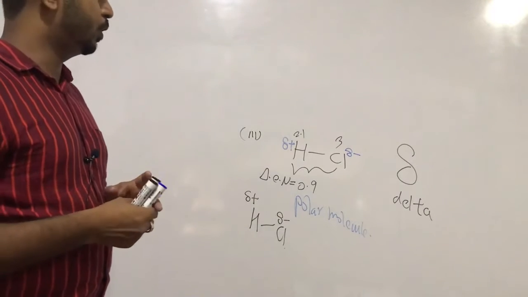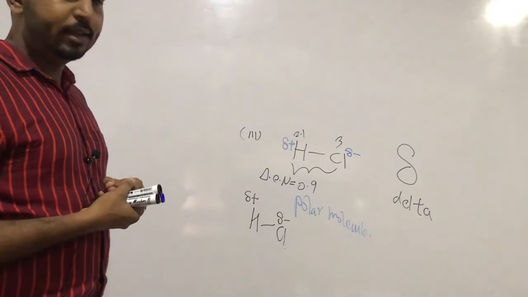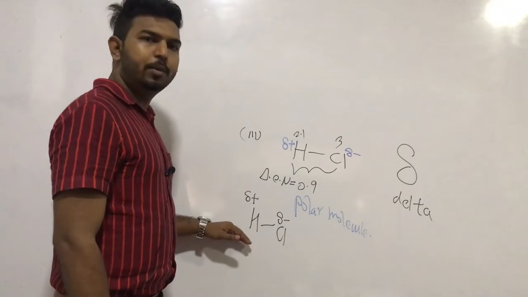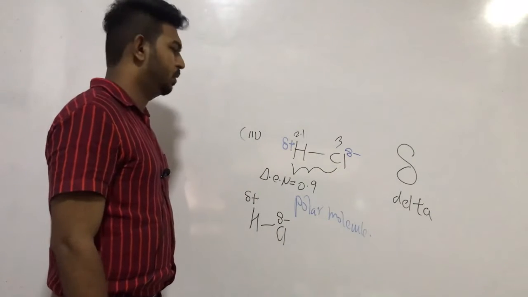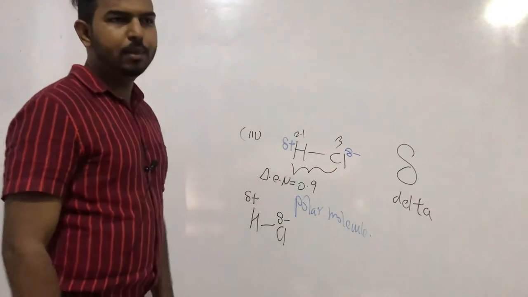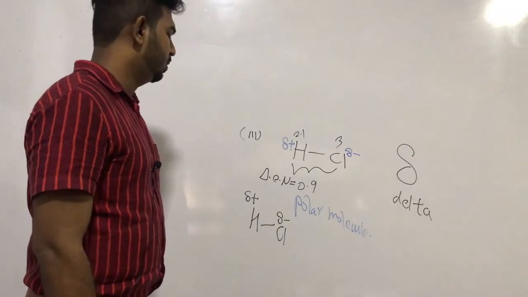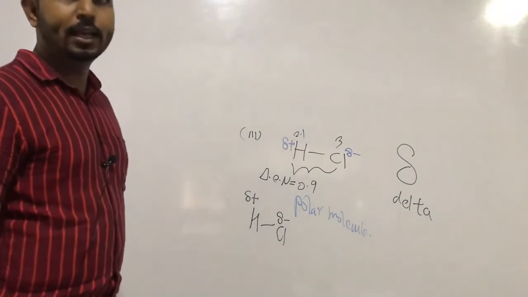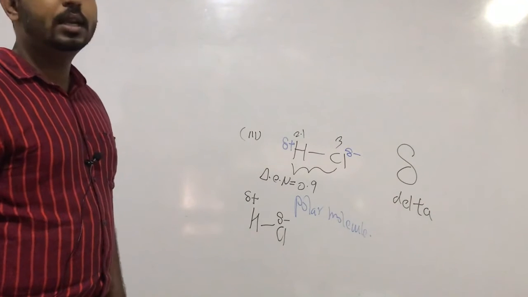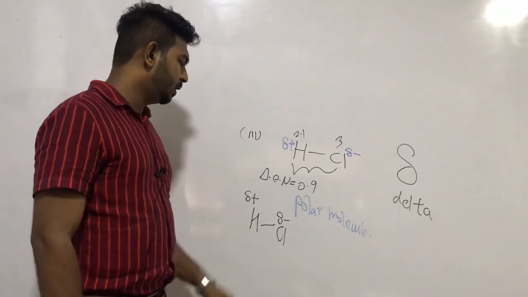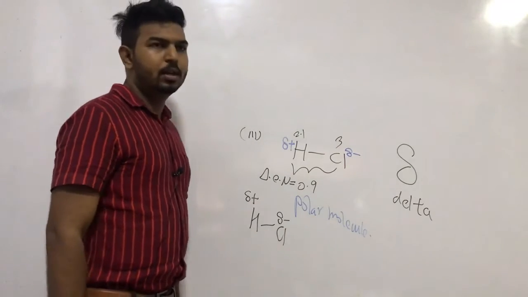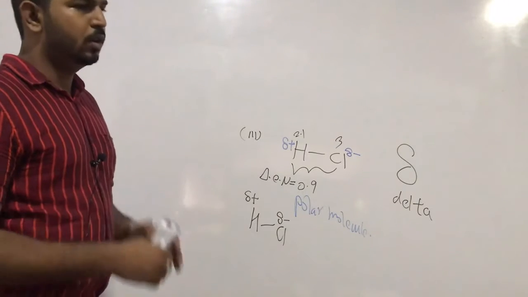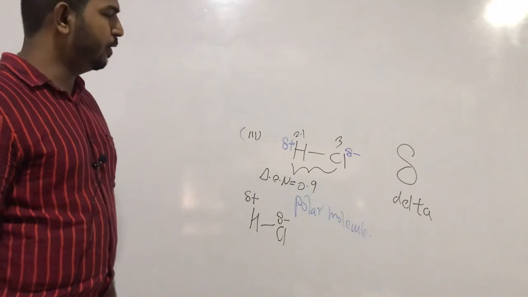And right below, write: the electronegative atom in a molecule will attract the electrons in the bond towards itself.